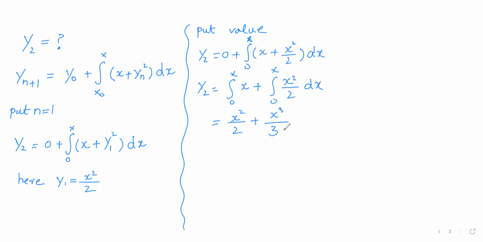Can any one of you calculate and make sure that it is correct? Okay, so I think there is one thing: it was squared. Actually, it was y1 squared, right?